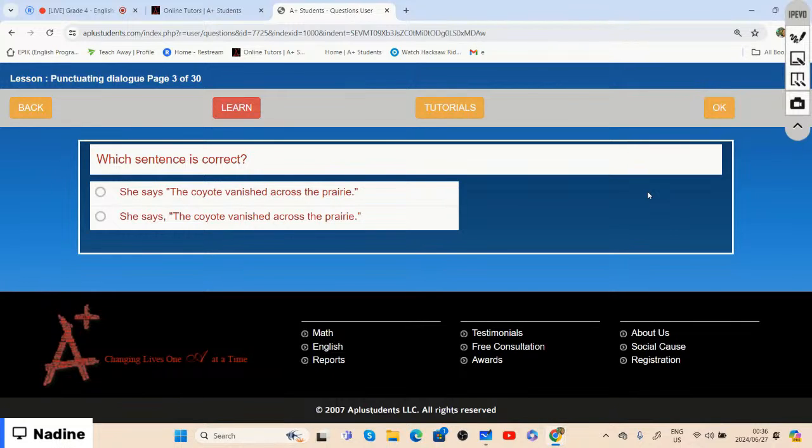All right, let's look at the next one. It says, which sentence is correct? Keeping in mind now the words she said, he said in front, where the punctuations are. Do we say she said without the comma, "The coyote vanished across the prairie," which is option one, or option two, she says with a comma, "The coyote vanished across the prairie"? Which option is correct?